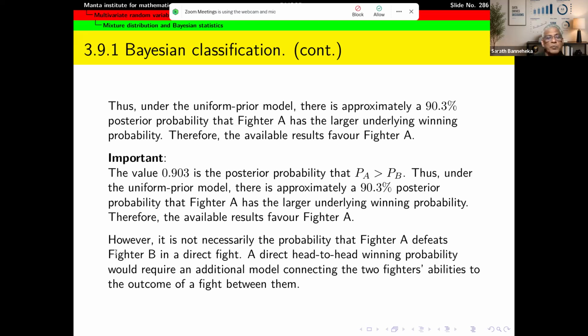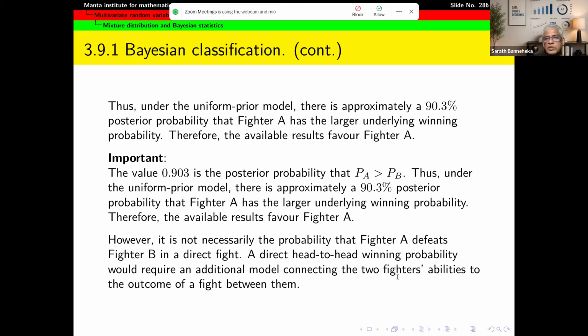However, this is the important part. It is not necessarily the probability that fighter A defeats fighter B in a direct fight. It is not the probability that fighter A can defeat fighter B in this case, right? Because the data were not coming from those fights. A direct head-to-head winning probability would require an additional model connecting the two fighters' abilities to the outcome of the fight between them.